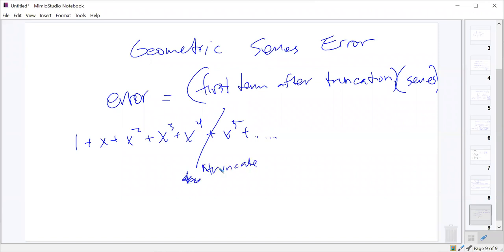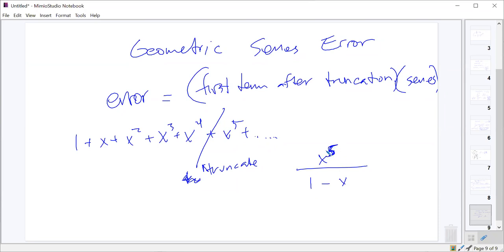Then that would tell us the error that we might get from trying to evaluate, suppose we were evaluating 1 plus a half plus a half squared plus a half to the 3rd plus a half to the 4th plus a half to the 5th plus a half to the 6th forever, but we didn't know the actual value. If we truncate it here, we know our error will be this next term, x to the 5th, times the original series, which was 1 over 1 minus x.